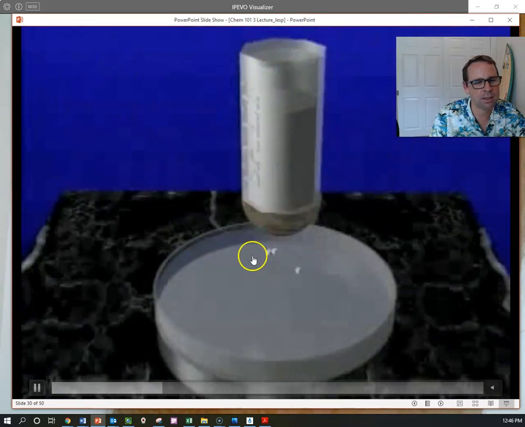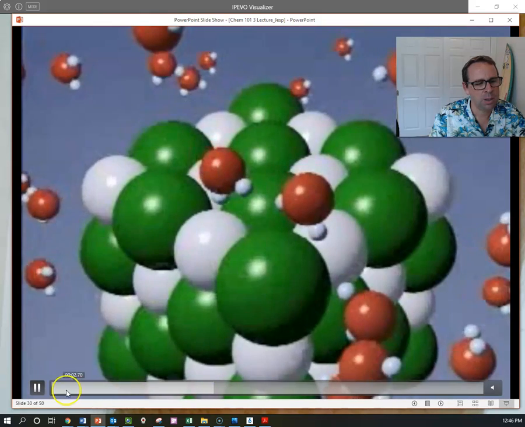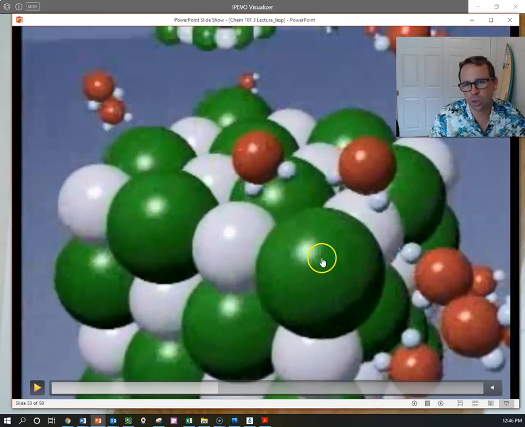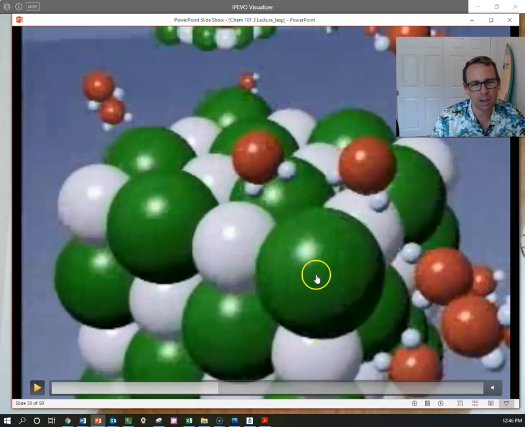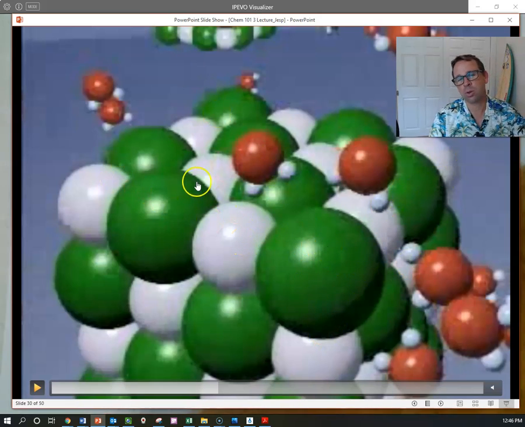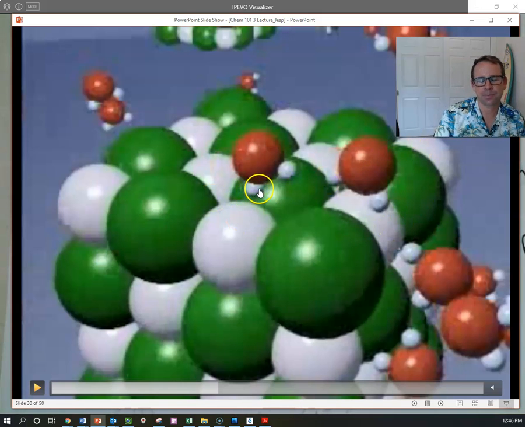We're not saying that there's only 1 sodium and 1 chloride going around together because they occur in three-dimensional lattices like this.